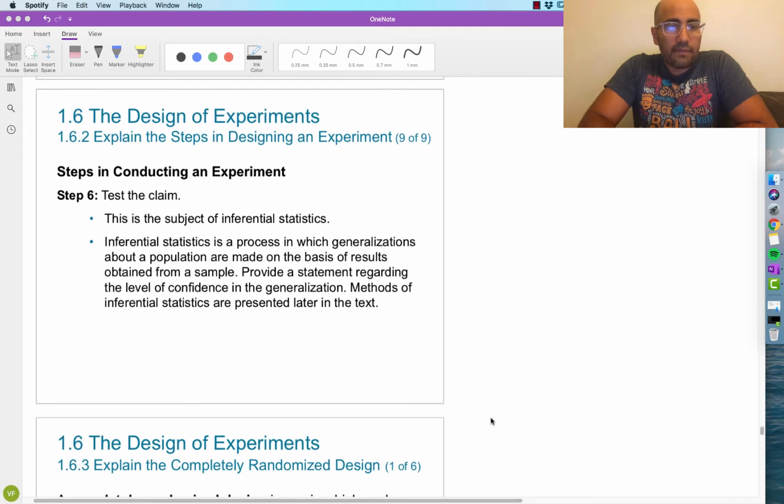So test the claim. This is the subject of inferential statistics, right? So we're going to collect our data, and then we're going to use techniques that we learn in inferential statistics down the road in order to make claims about the population based on the sample results that we're getting. Based on our experimental results, can we make rational conclusions about the larger population?